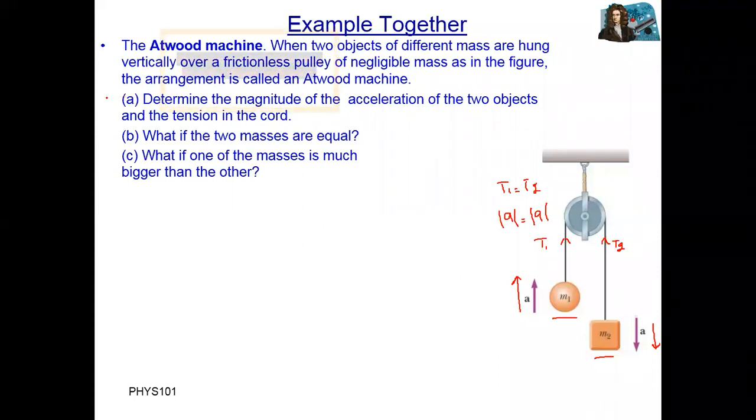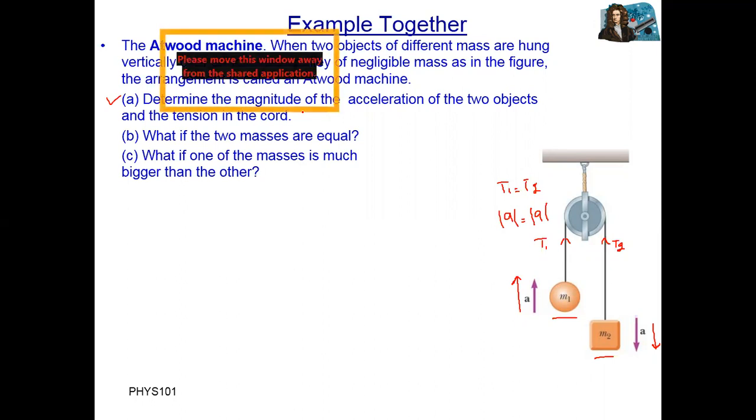First of all, determine the magnitude of the acceleration of the two objects and the tension in the cord. So we need to find the equation for tension and the equation for acceleration of these two bodies. Let me consider mass number one, which is moving upward.